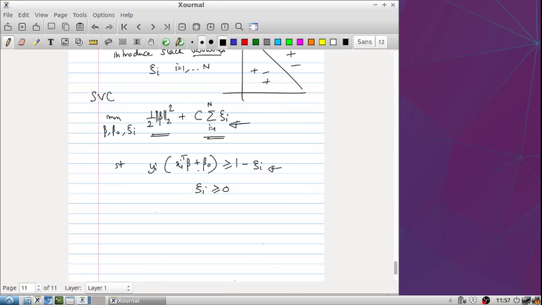Give me any 2-class classification problem, I can solve this problem computationally and get you the support vector classifier. In fact, this is called the primal support vector classifier formulation.